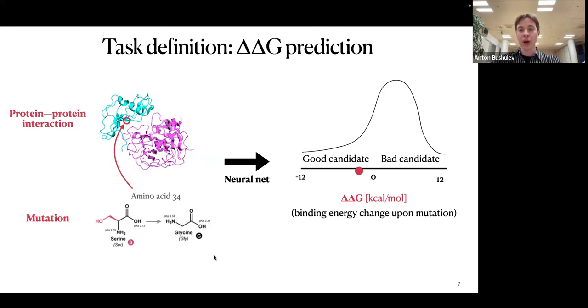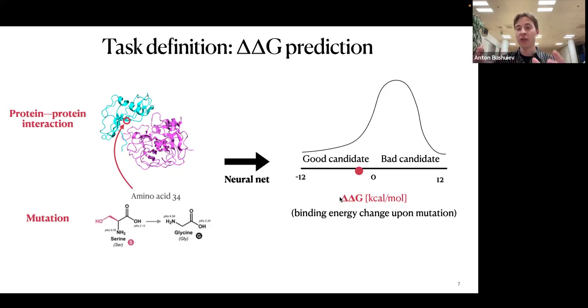So now we have these 2 kinds of input, and we want to predict a single number, which is delta delta G. It's just delta G, the binding energy, but we add the second delta for the difference between the native structure and the mutated one. So again, the lower delta delta G is, the better for us, because proteins interact better. The delta delta G measures how much we improve or lose upon introducing a mutation.